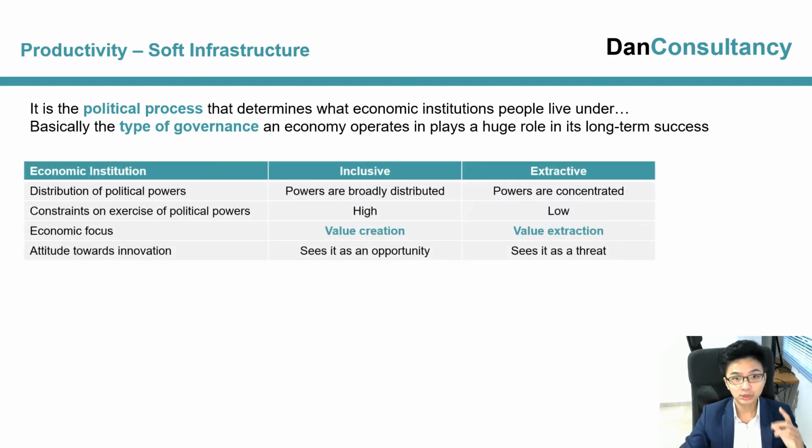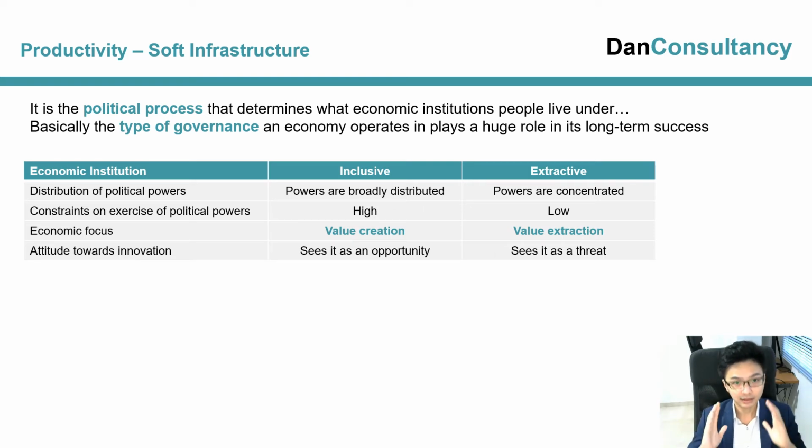Generally, there are two types of economic institution that people can live under: an inclusive one or an extractive one, right? And inclusive economic institutions are forged on the foundation laid by an inclusive political institution, which makes power broadly distributed in the society.